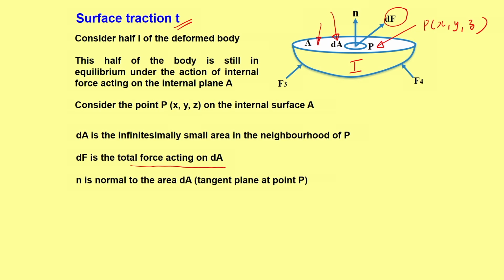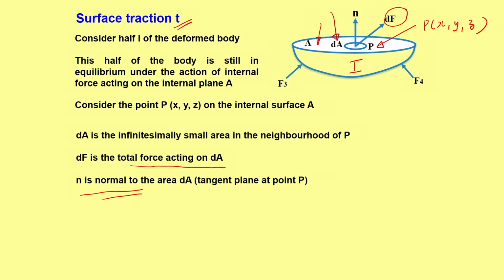And the most important thing, which all of you know, is how to define a plane. Now, we have plane A with us. How will you identify this plane? We identify the plane using the normal to that plane. So, N is normal to the area dA, and dA is the tangent plane at point P. Why tangent?